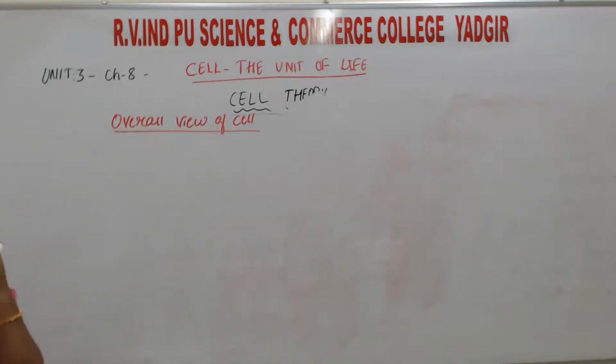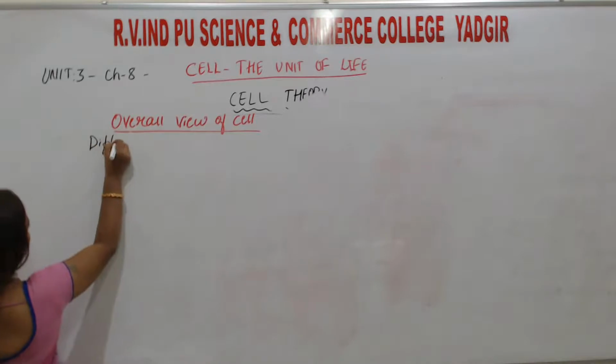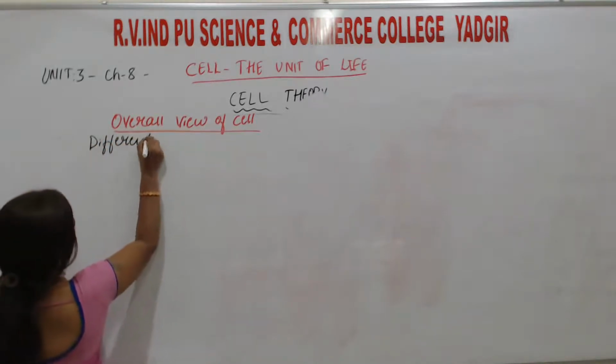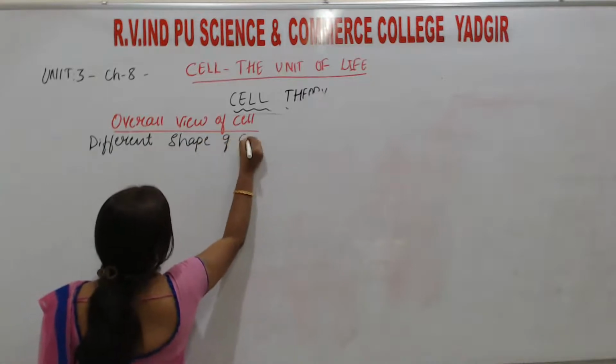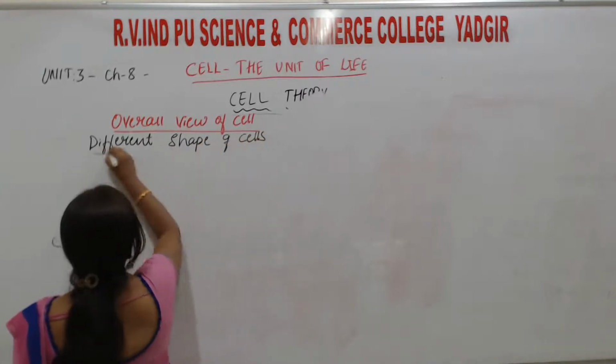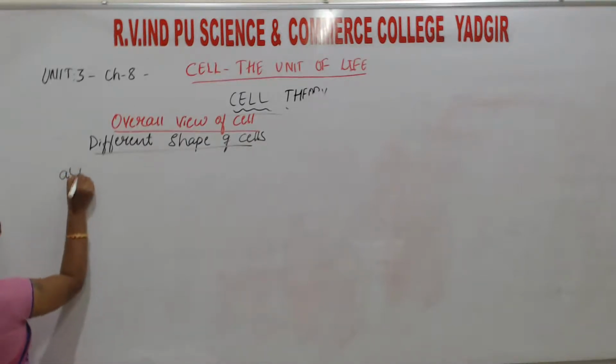Let us see the different types of cells, the different shapes of cells. First, RBC.